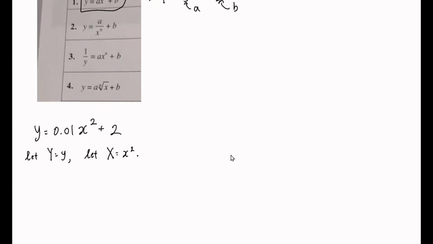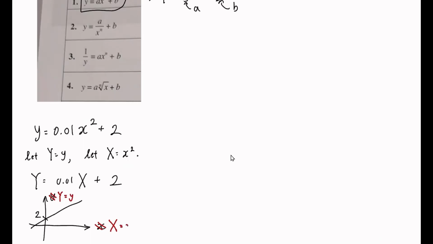Then from there, we can rewrite the equation as capital Y equals 0.01 X plus 2. So now you know how the graph will look already. It will look something like this. Y-intercept here, the gradient is 0.01. But for the x and y axes, do we still put small x and small y? No. Must change it into capital X, and capital Y equals little y, capital X equals x squared, and so on and so forth.